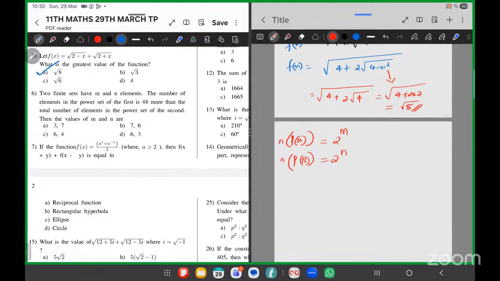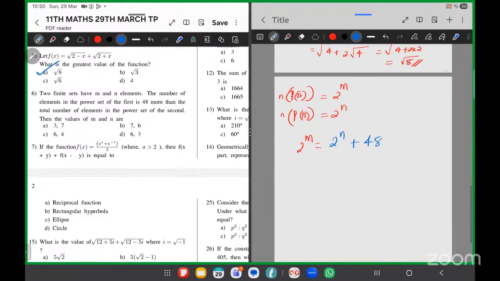That means 2 raised to m is equal to 2 raised to n plus 48. Okay.